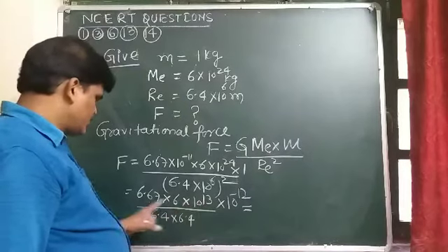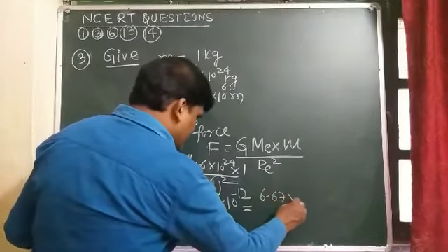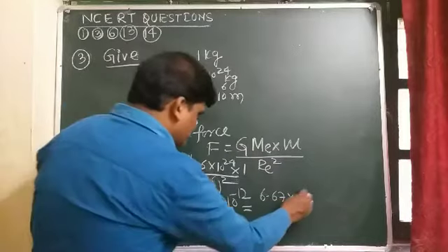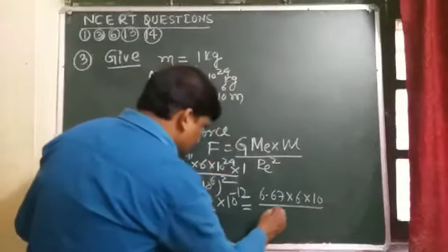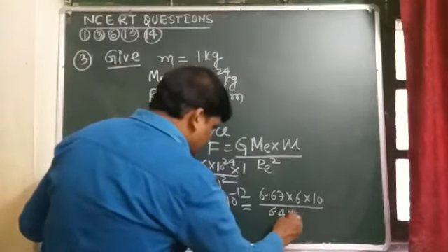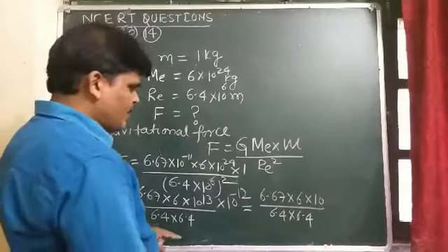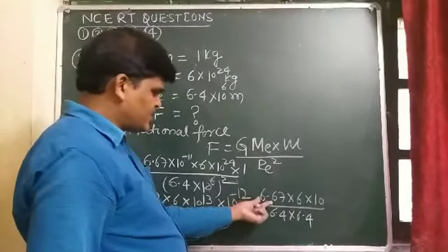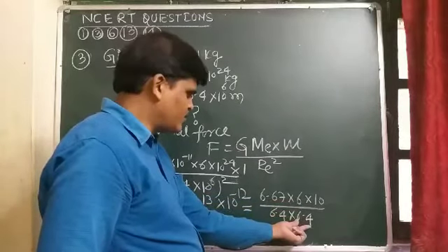So it can be written as 6.67 into 6 into 10 by 6.4 into 6.4. And student, nearly, you see that here 6.6, here 6.4, here 6, here 6.4.